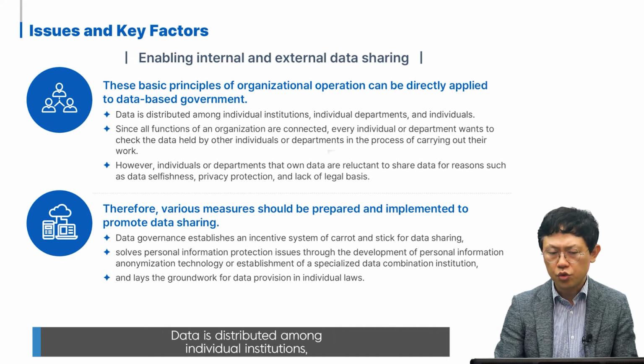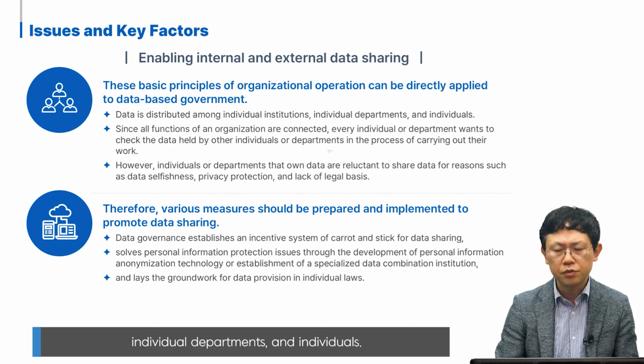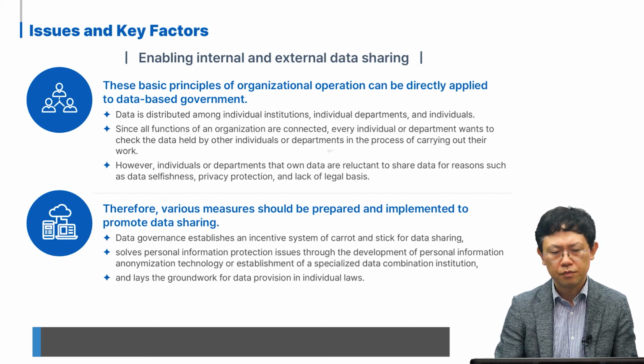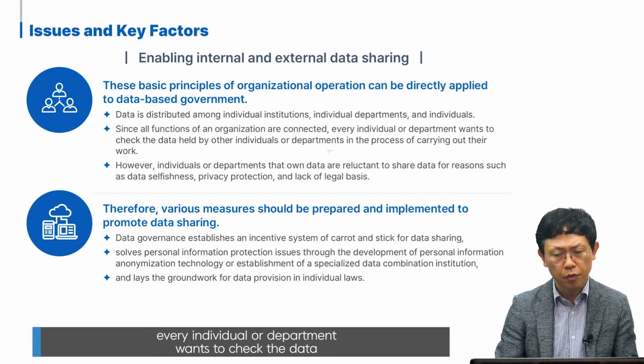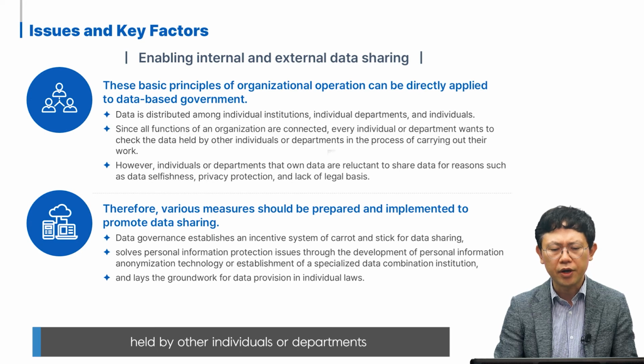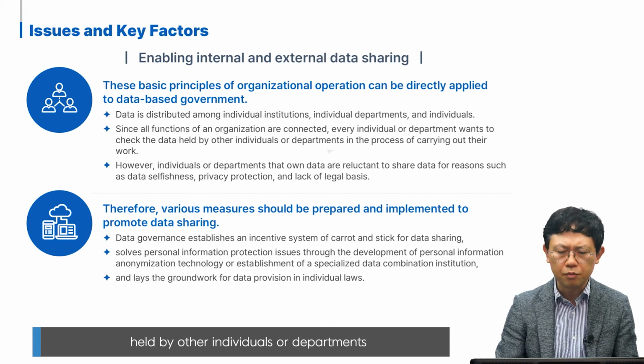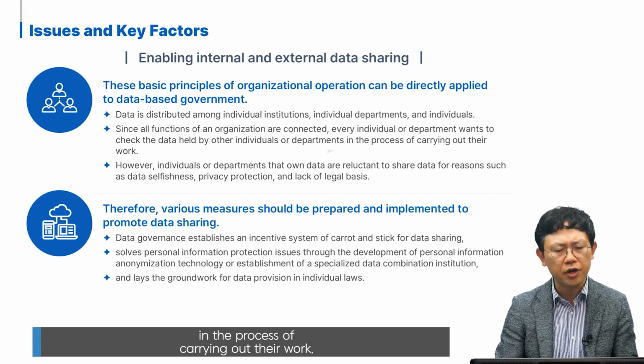Data is distributed among individual institutions, individual departments, and individuals. Since all functions of an organization are connected, every individual or department wants to track the data held by other individuals or departments in the process of carrying out their work.